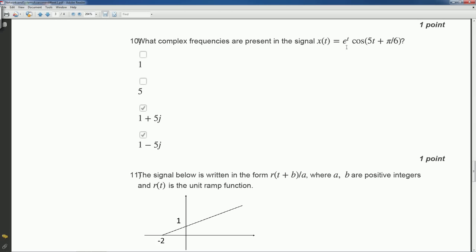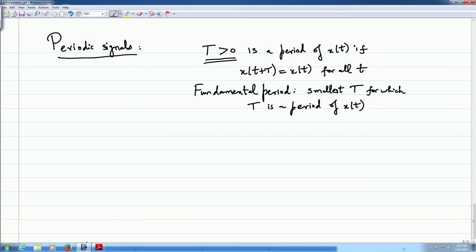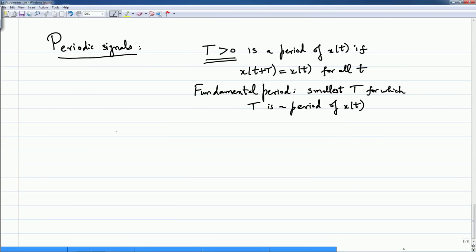So, in this equation you have e power t times cos 5t plus pi by 6. So, now we need to replace cos with the exponential form. Okay, so, let me maybe do this real quick. Okay. So, if you look at the term there, it says e power t times cos.